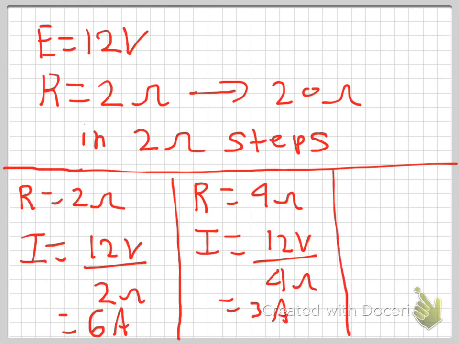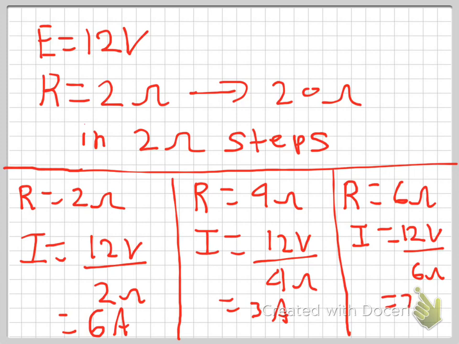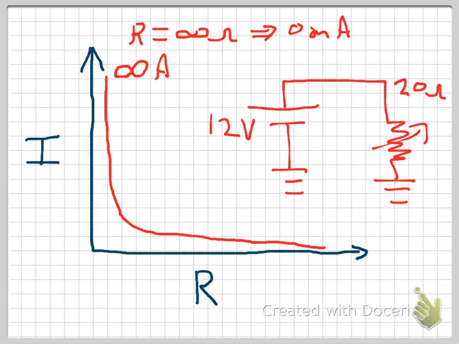Then R equals 6 ohms, and I would be 12 divided by 6 equals 2 amps. Then you come back to the graph, plot all those points, and draw a smooth line, and just prove to yourself that this is actually the relationship.